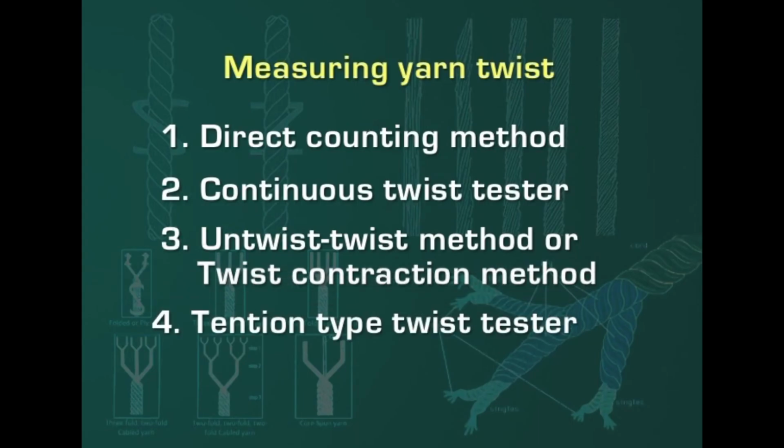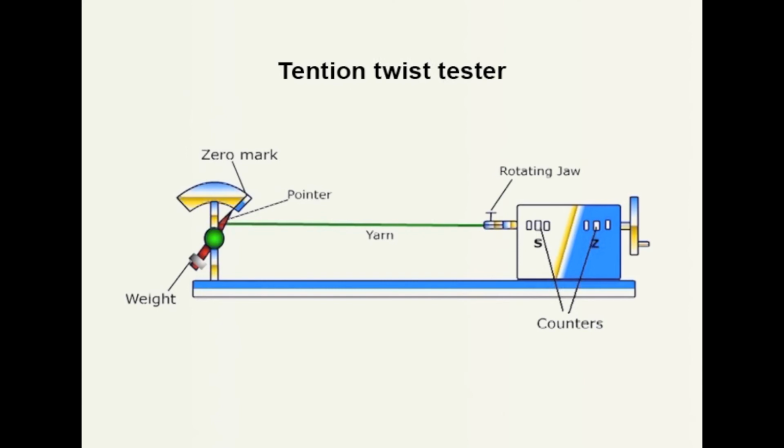And there is one more method called the tension type twist tester, where a little tension or weight is given to the yarn. It also has a pivoting point, and the yarn is clamped between the rotating jaw and the other jaw, and there is a pointer at the pivoting point, which is first set to 0.